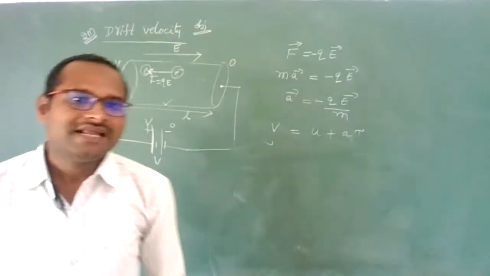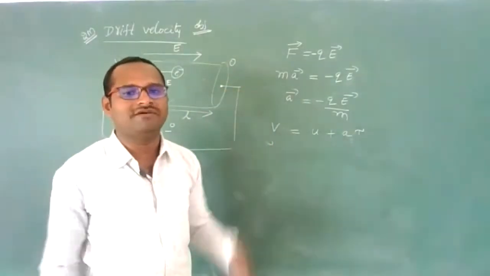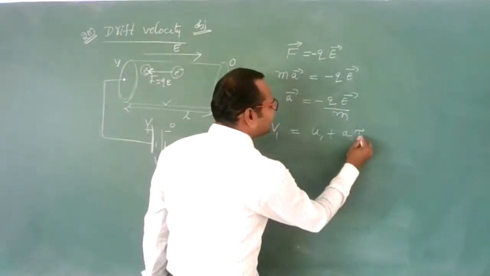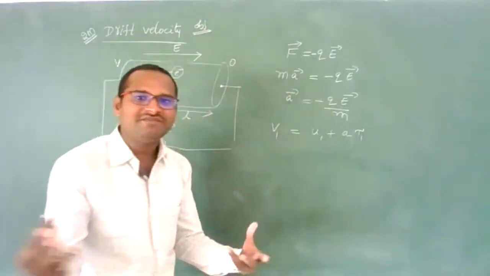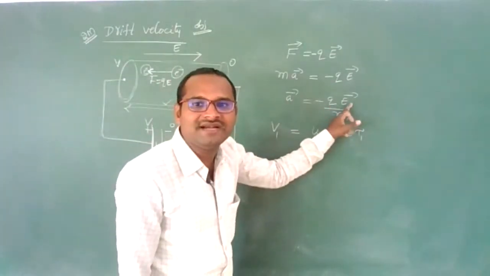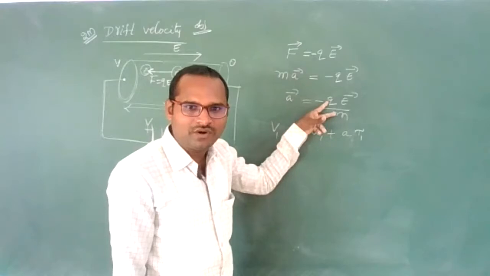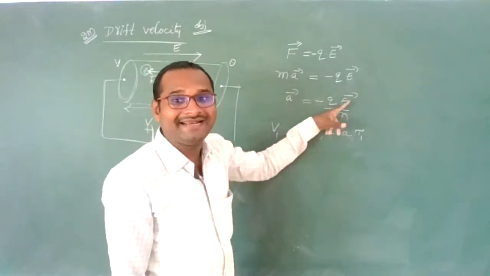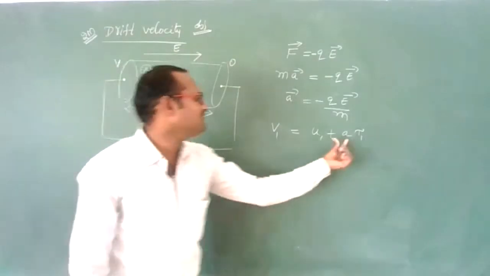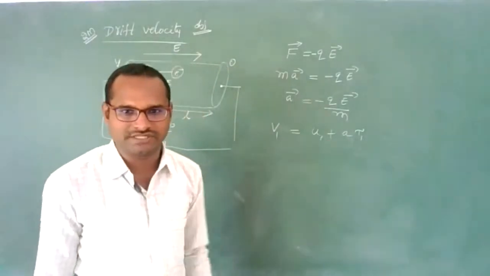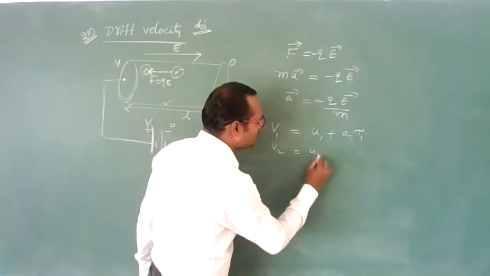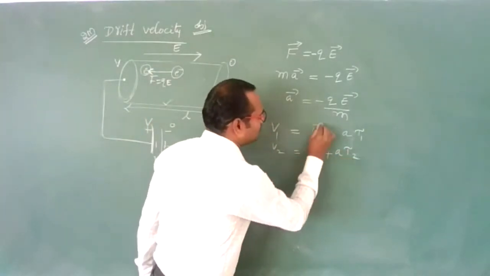Now students, like this, there are so many electrons. Let us suppose the first electron's velocity is v1 = u1 + a t1, and a will be the same for all the electrons because a depends upon the charge of the electron, the electric field and the mass of the electron. All electrons have the same charge and mass, and the electric field is due to a potential difference, so it will be the same. Acceleration is the same for all electrons, so we can write a as constant. The second electron's velocity is v2 = u2 + a tau2.